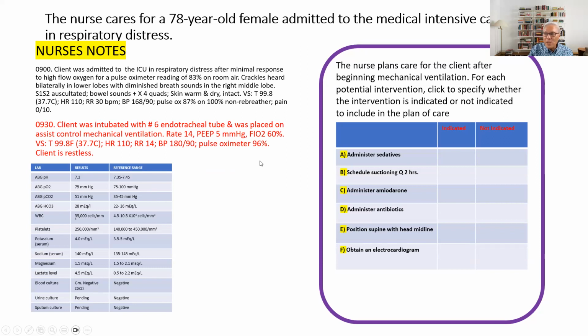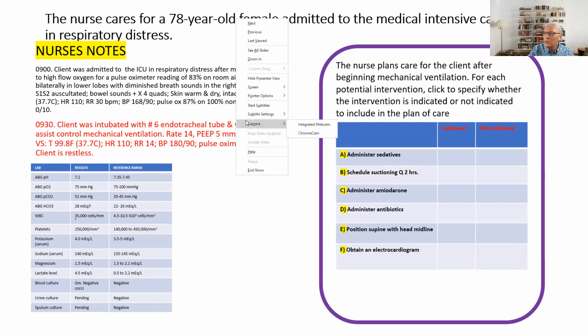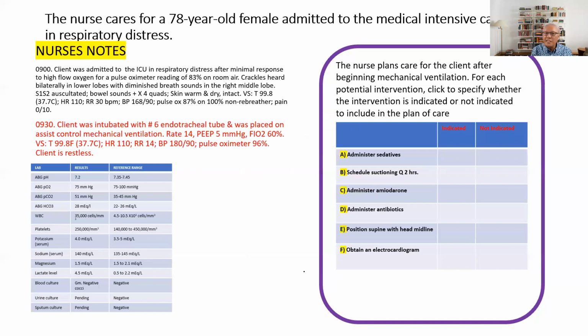The vital signs are displayed in here, and the client is restless. So if the client is restless, should we give sedatives? Yes or no? Is the use of sedatives going to be indicated or not indicated?